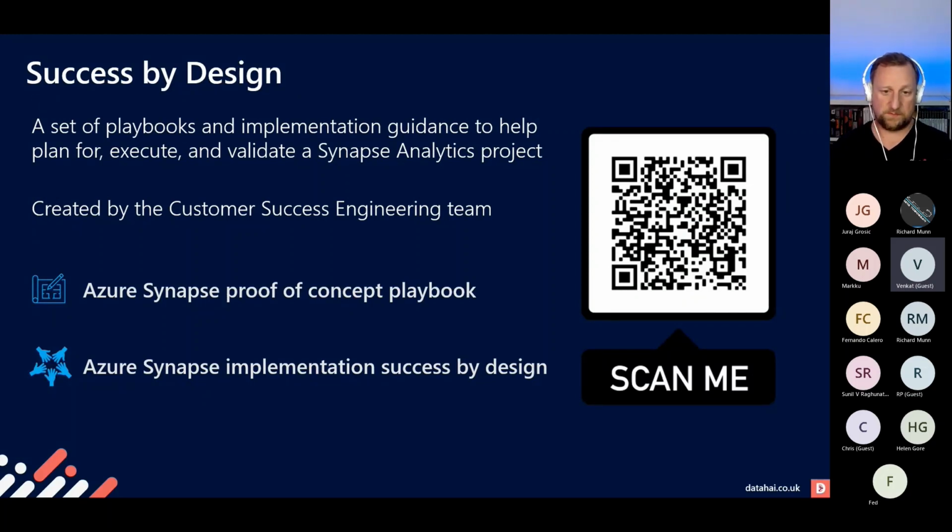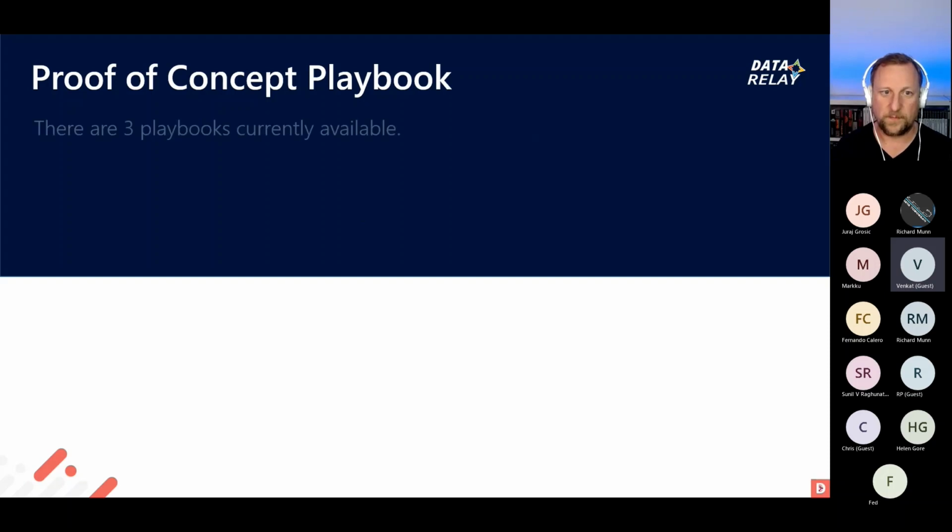Some of those implementation criteria can be useful to the proof of concept, but it's not mandatory. That implementation Success by Design can be used for proof of concept, for your MVP, your UAT, your go live, to validate what you're doing. But we'll concentrate on the proof of concept playbooks.